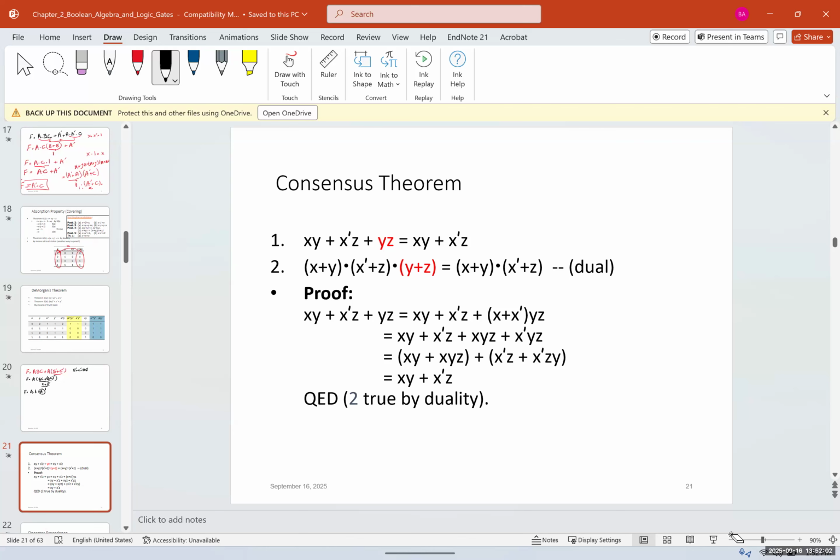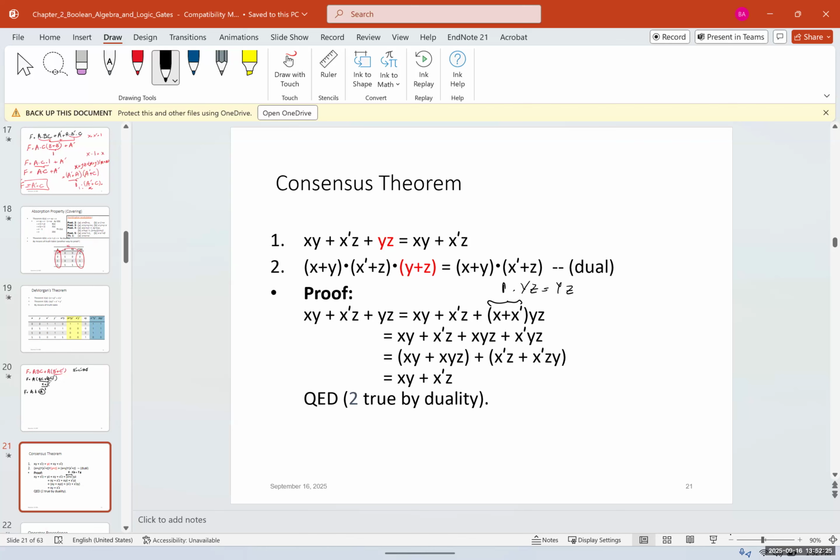So for the proof of this, xy plus x prime z plus yz, we can write it as xy plus x prime z plus (x plus x prime) yz, because x plus x prime gives us 1, and 1 times anything would be equal to that literal. So it's going to be equal to yz.